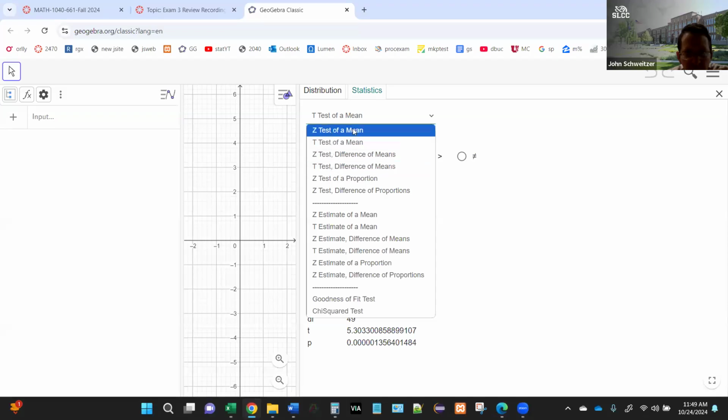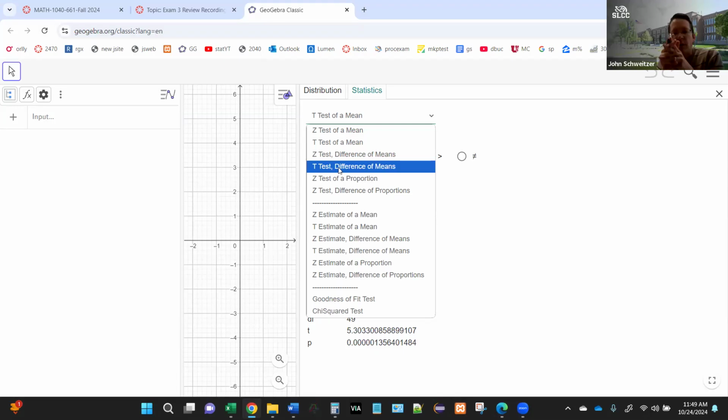Then we keep thinking about the structure of the data. We're looking at a difference between 2 populations, so the single mean is out. So yeah, we've narrowed it down to these. And what have we always said about inference about means? Well, for our class, it's always the t-distribution. And honestly, that's the vast majority of all of stats.